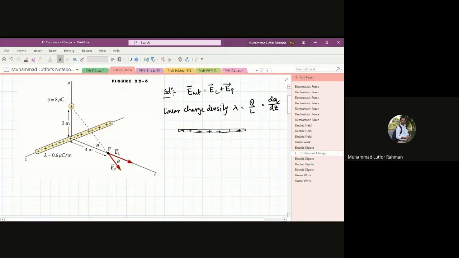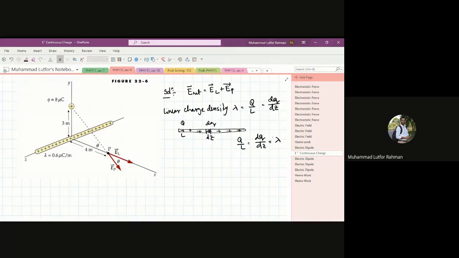Then if I take a differential element which has a charge, say del q, and length, say del z, and the total charge is q and total length is L. If the ratio of total charge divided by total length and the ratio of differential charge divided by differential length are the same, then we can say this is a linear distribution of the charge. That's the definition of a linear or homogeneous distribution of charge.